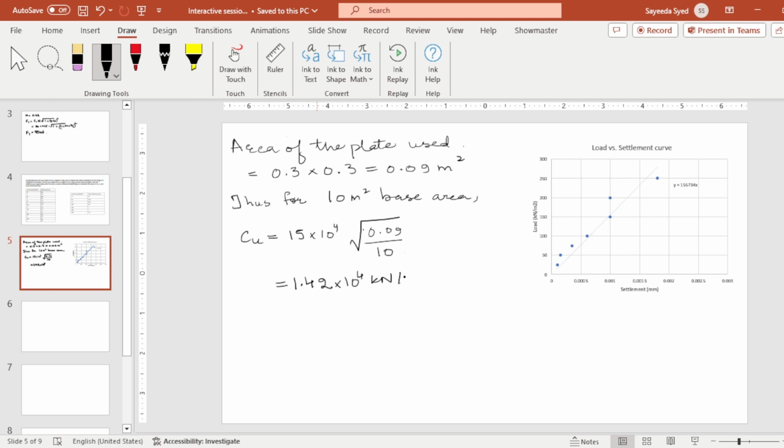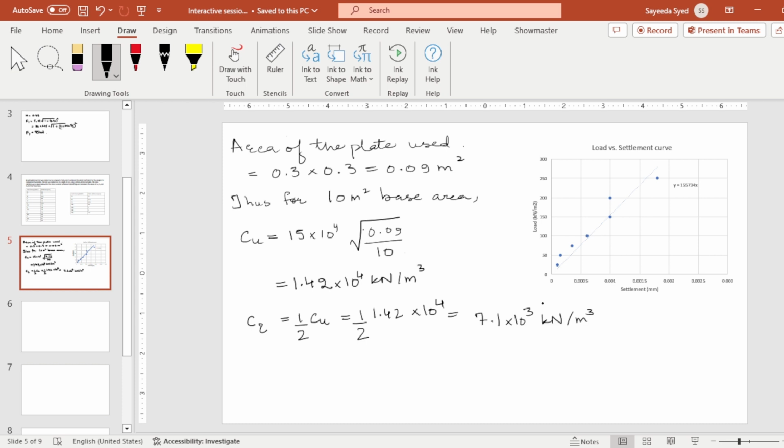Okay, now C tau equals half of Cu, which is half of 1.42 into 10 to the power 4. This comes out to be 7.1 into 10 to the power 3 kilonewton per meter cube.